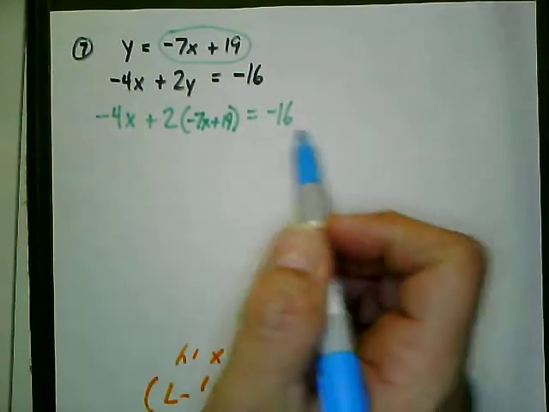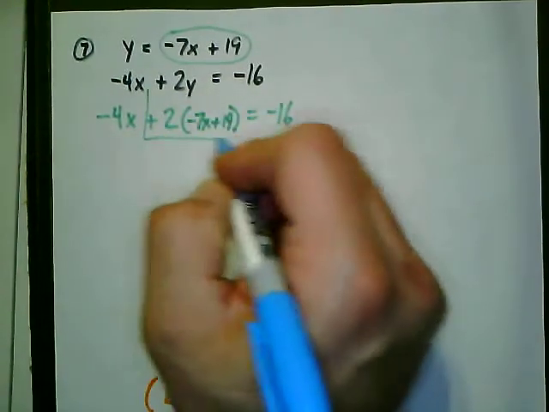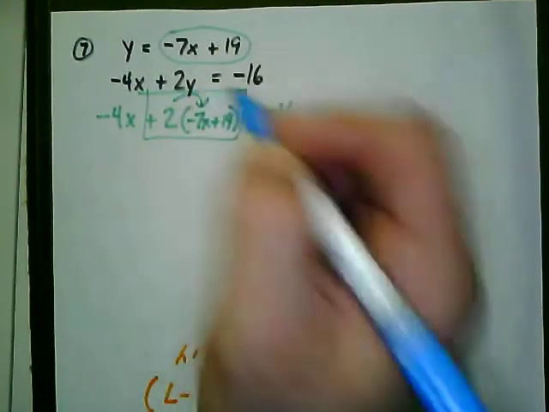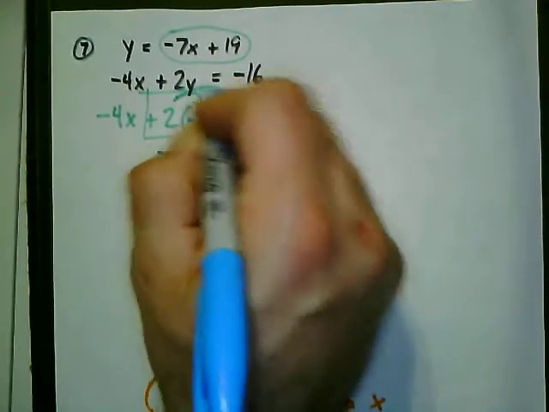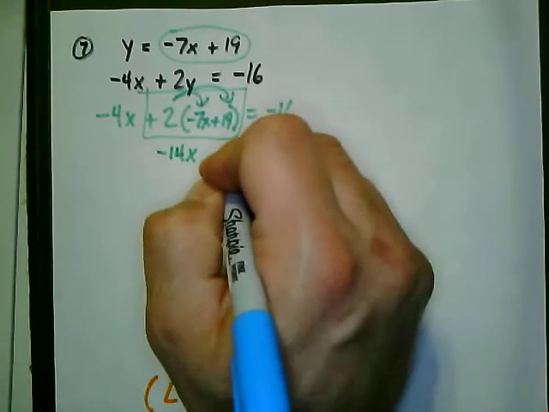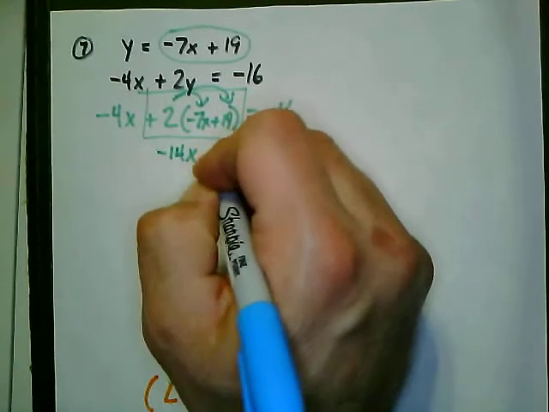Well, now we have an equation that we know. We're going to just deal with this part right here because this is distribution. So 2 times negative 7 is negative 14x. And 2 times 19 is 38.